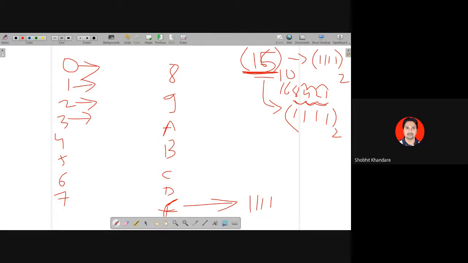Similarly we will go on. So can I say maximum 4 bits are required to represent the hexadecimal number? Yes. Minimum 4 bits, yes.